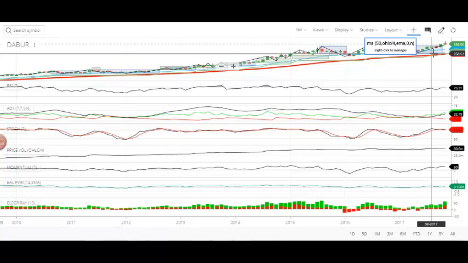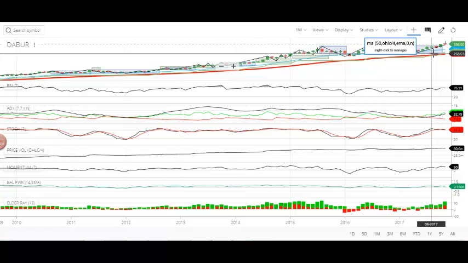So this kind of stock, Dabur, has sideways movement as a part of its path pattern.